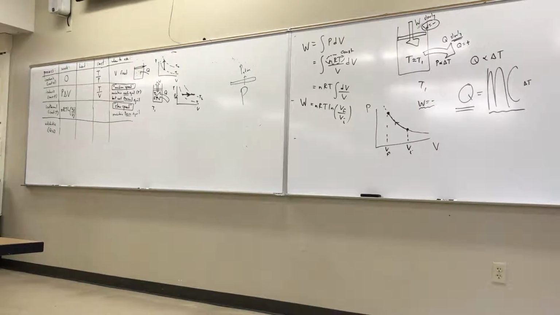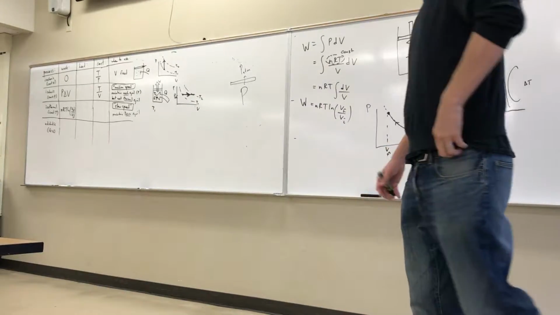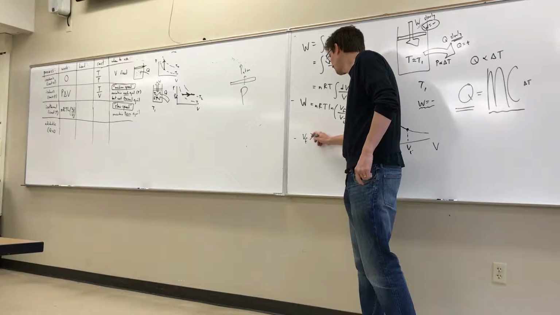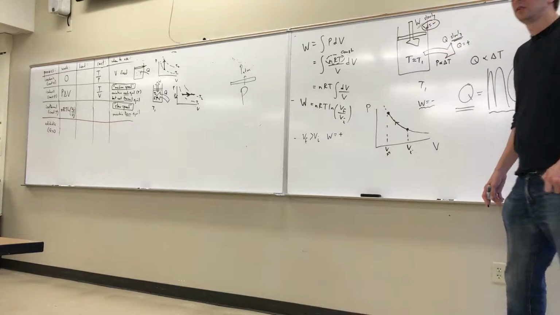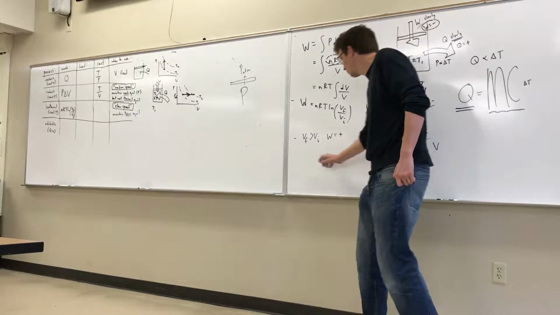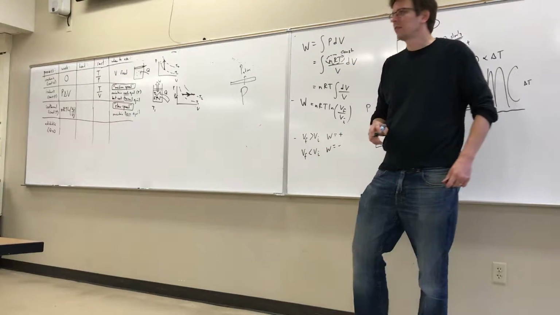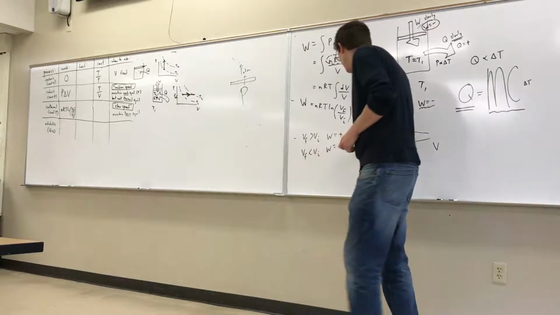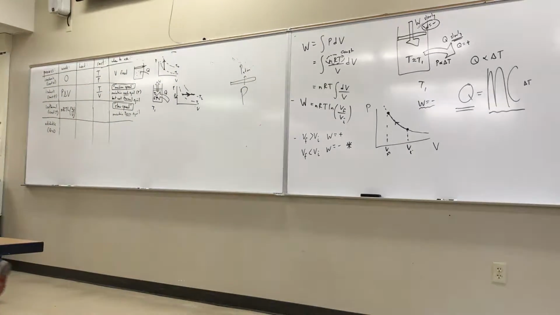T is, of course, the temperature that you're at when you're doing this. The temperature is maintained. It does, by the way, have built-in signs. If V final is greater than V initial, then the natural log will produce a positive number. Or, as in my case, when the final volume is smaller, you will get a negative work. So that's my case at the moment. So that's the work done in an isothermal process.